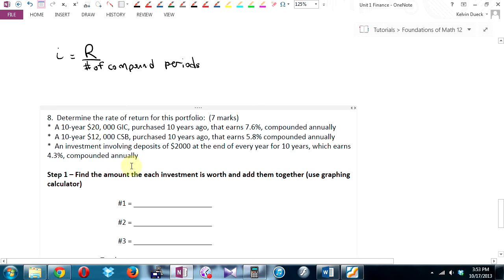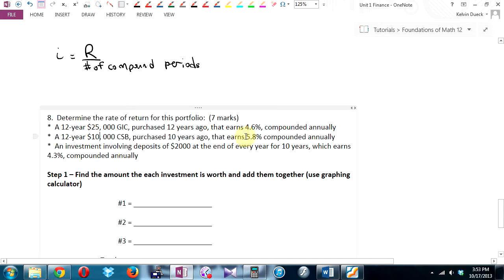Let's go 25 years, 12 years, 25,000. 12 years, 12 years. And let's go 4.6%. We'll go 12 years again. Let's invest $10,000. We'll give you 5.8%.